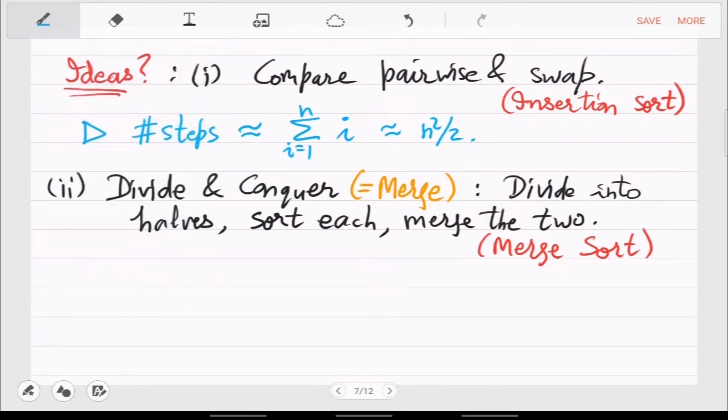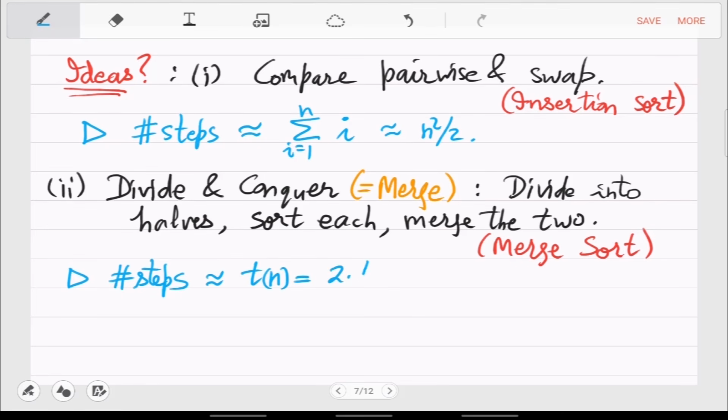And what is the number of steps in this? It is not trivial to analyze, but I am going fast because I am sure you have already seen it. I have only accepted smart students, so I expect that you already know all these things. So this recurrence looks something like this.